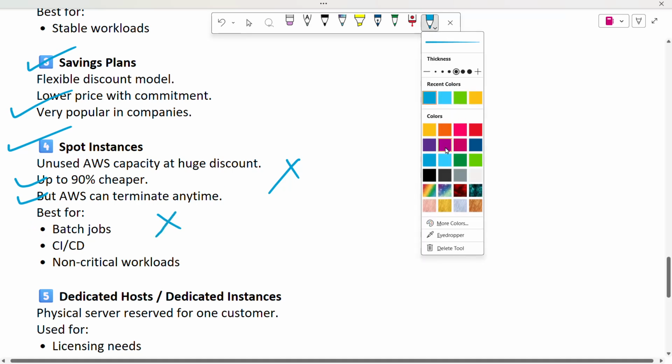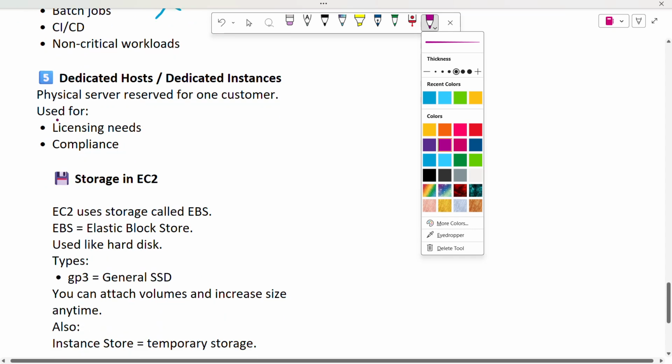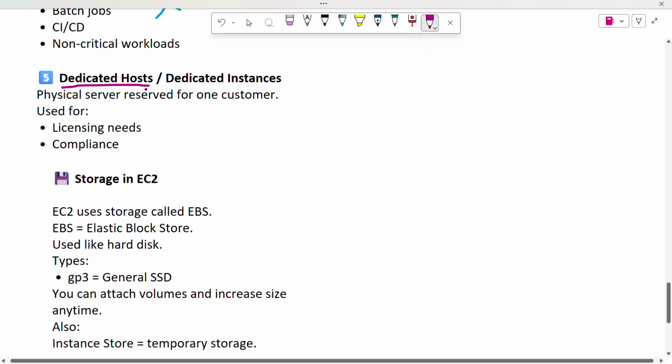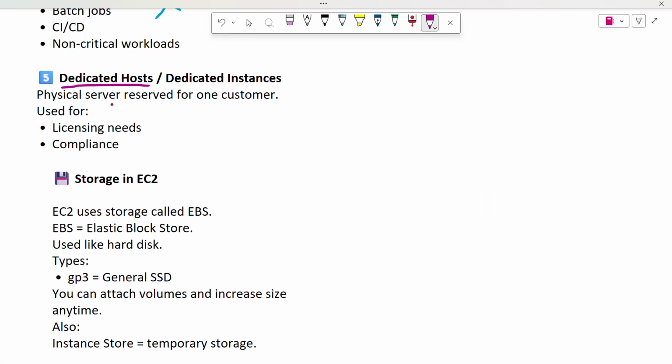Let's go to the last instance type now. That is the dedicated host. What is a dedicated host? As the name suggests, it has physical resource entities reserved, like racks, for one customer only. It's used for compliance purposes. Is your data secure? Is your hardware secure? Are you keeping it isolated?